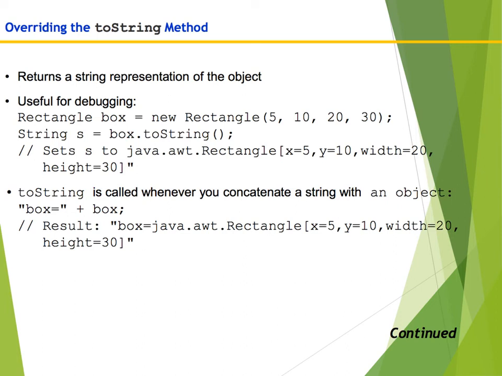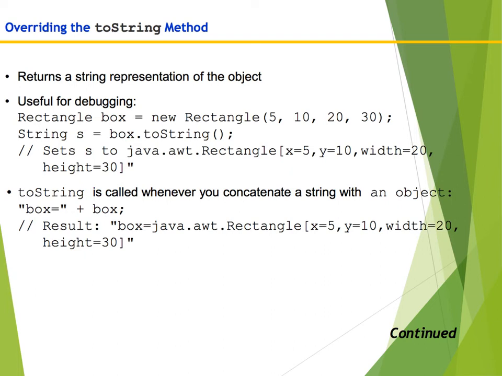So for example, if a rectangle is constructed by these four numbers, the first two are coordinates of one of the vertices of the rectangle, and then the third parameter, which is 20, is the width, and the last parameter, which is 30, is the height of that rectangle.